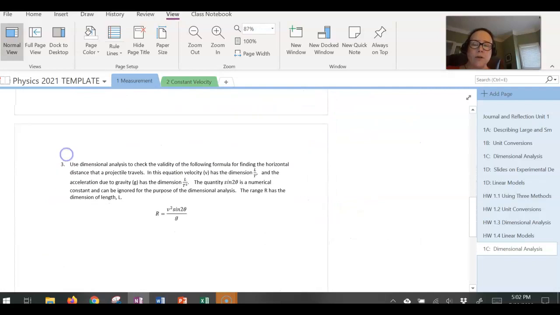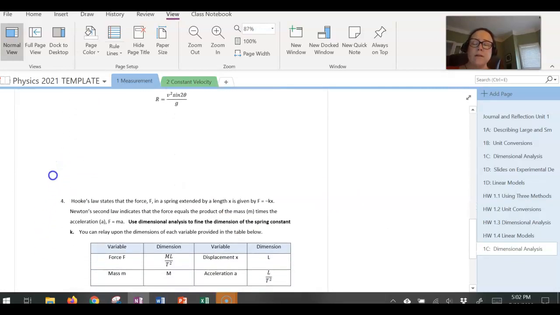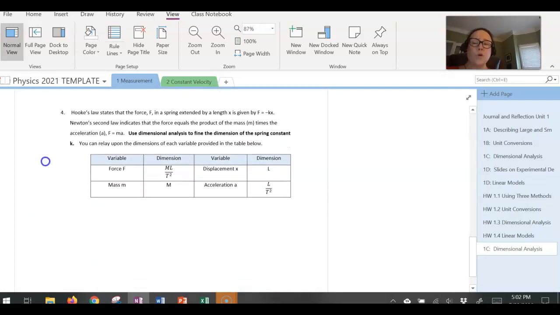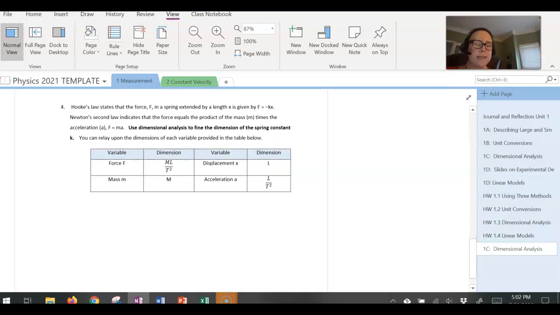I'd like to go down and look at number 4, because in number 4 we're using dimensional analysis in a different way. Here we are trying to find the dimension of the spring constant. So this is a physical constant that we are trying to find. By the way, there's a little typo there. Okay, and so they give me the equation right here.